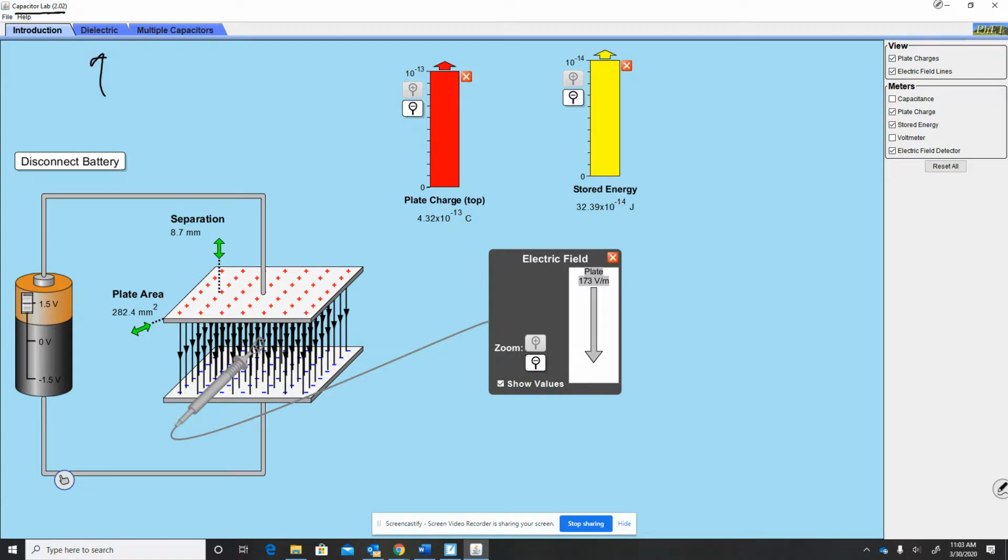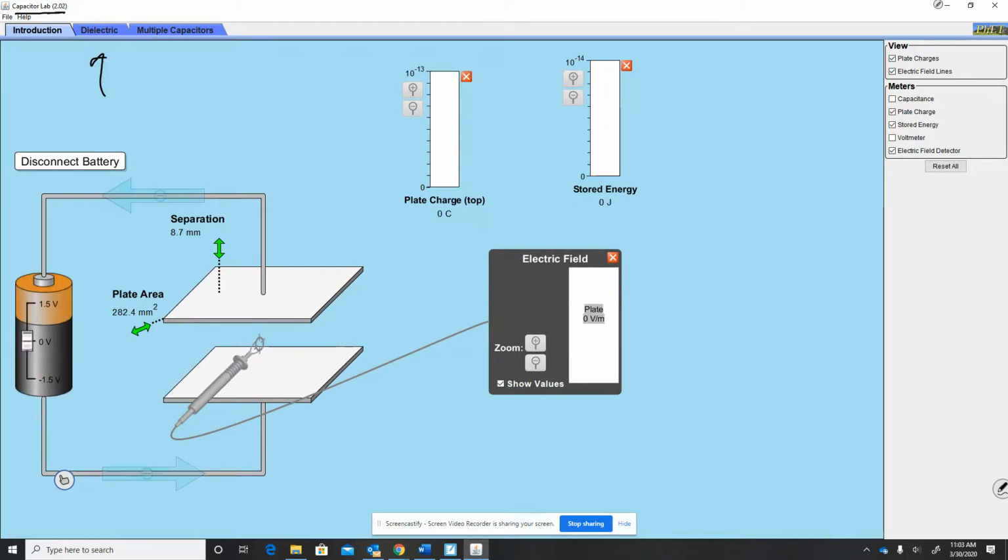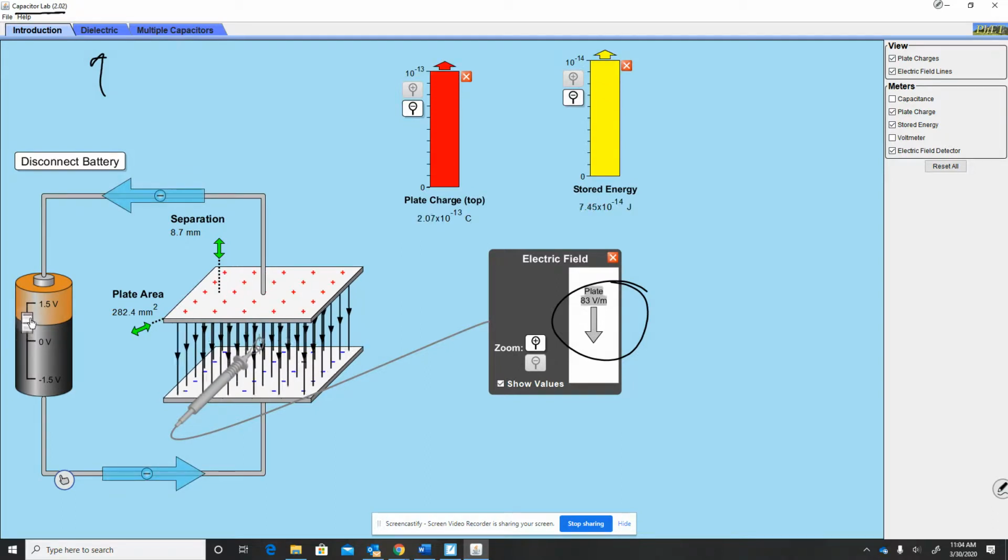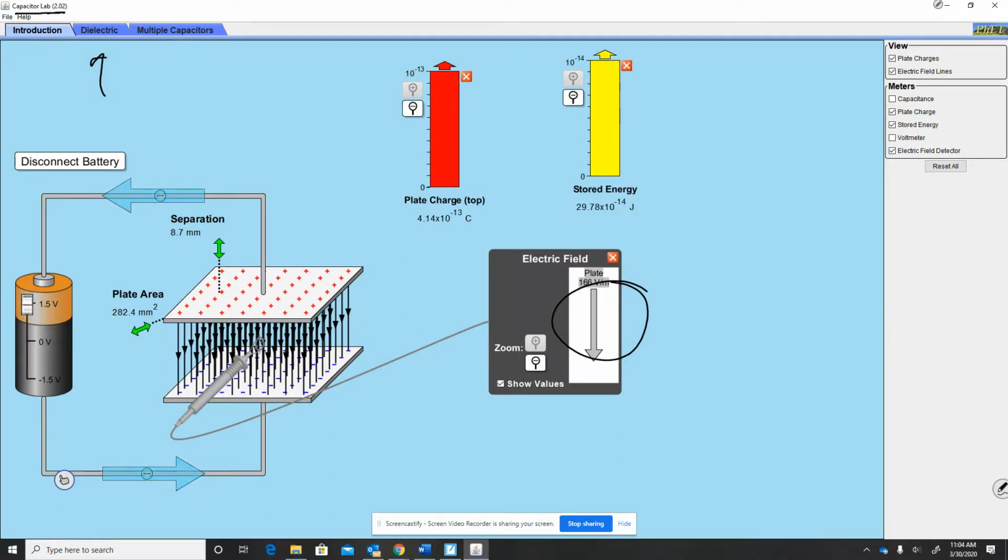If we start at 0 volts here, we can see that there is no electric field in between them. As we increase the voltage, you can see that the electric field gets larger and larger. And again, we expect that through our formula here, E is equal to V over D. As V goes up, so does the electric field.